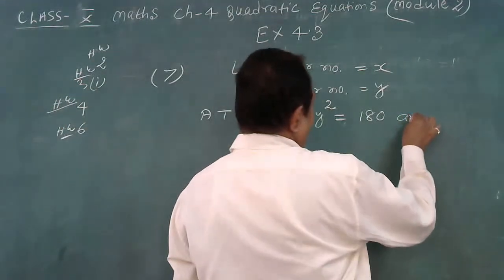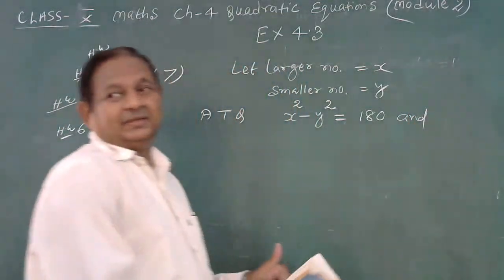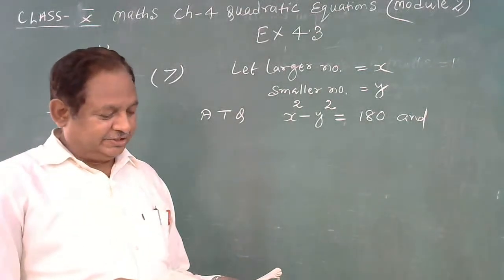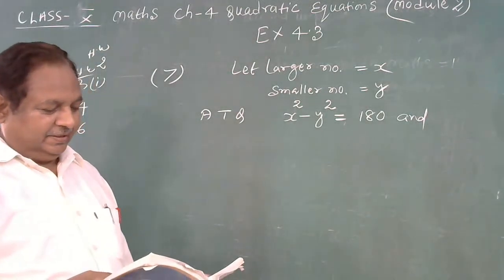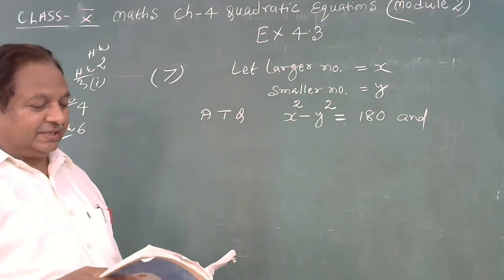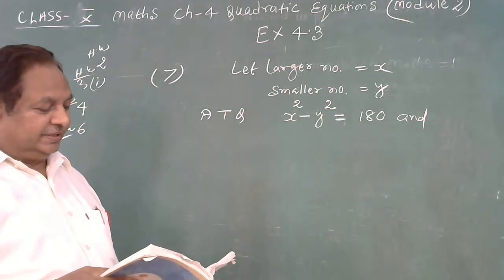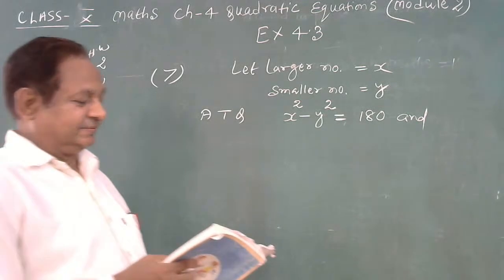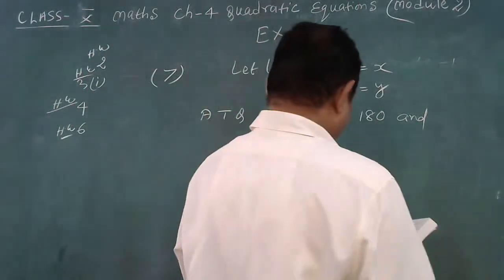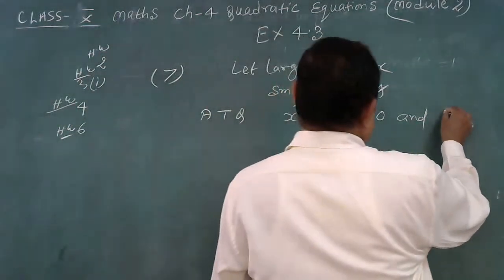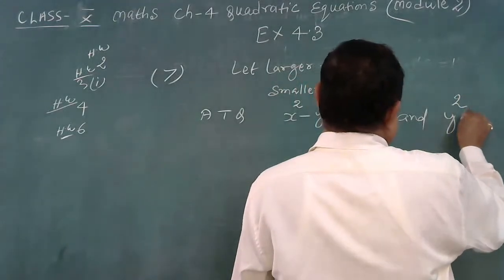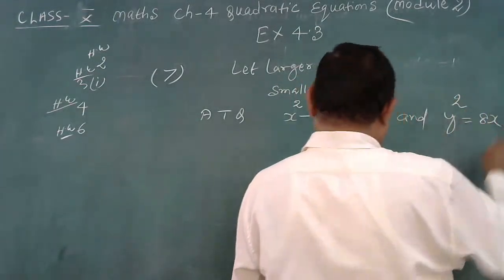And the second condition: the square of the smaller number is 8 times the larger number. The square of the smaller number, that is y square, is 8 times the larger number.